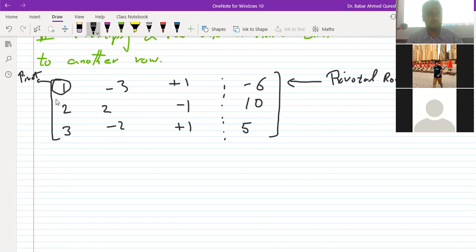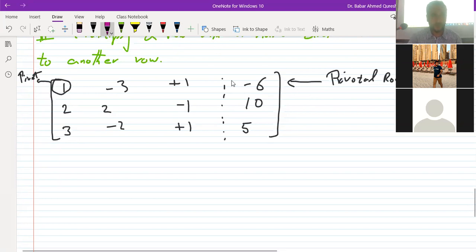There's some jargon, no inherent value to it. It's just what you're going to do. Take this number and make everything below it 0. And how can you do it? You're adding rows. So obviously, if I multiply this row by -2 and add it to this, this will become 0. And multiply this by -3 and add it to this, this will become 0.